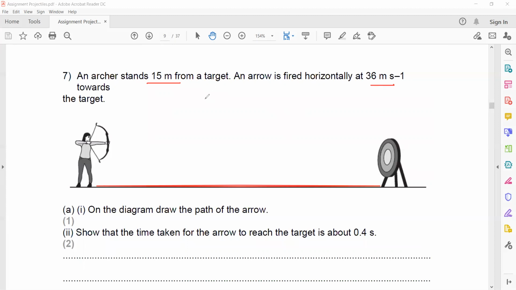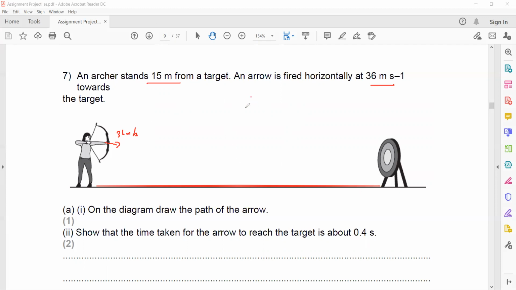As we know, he fires horizontally with a speed of 36 meter per second. This is a horizontal speed. The vertical speed is 0. So we can use equations of motion, but before that, we should know how much time it will take to hit the target.